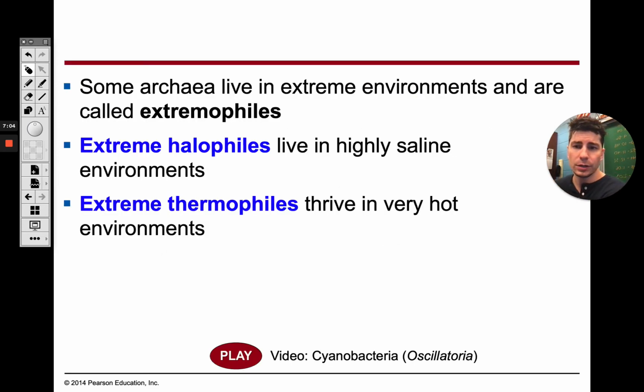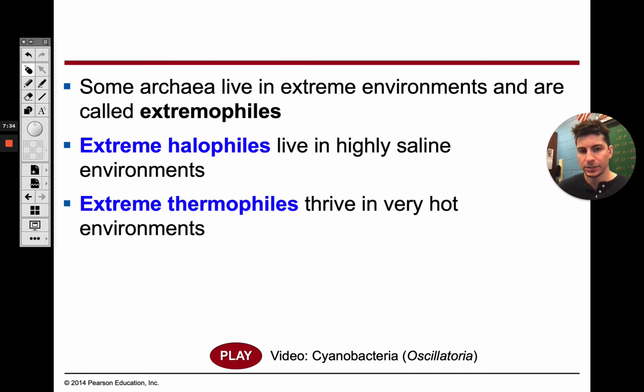All right, so touching on archaea, we already talked about they live in extreme environments. So there's two different types of archaea. There's extreme halophiles and there are extreme thermophiles. So extreme halophiles will be fine in a very, very high salt content environment. So they will be fine living in a very hypertonic environment.